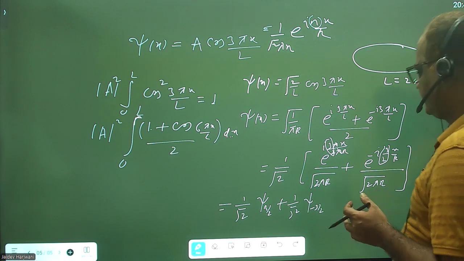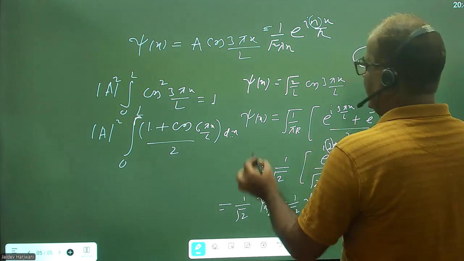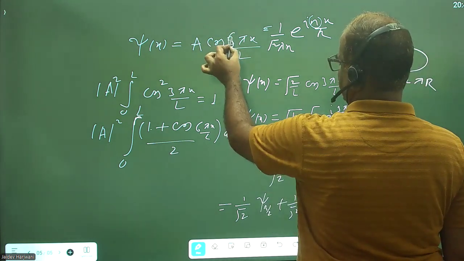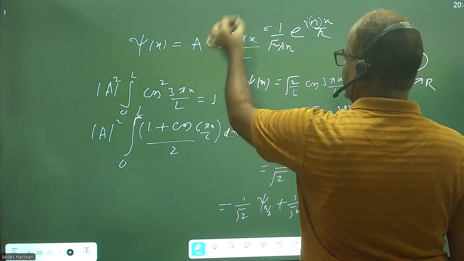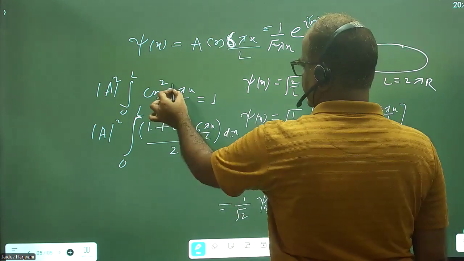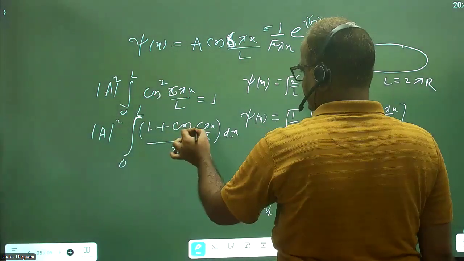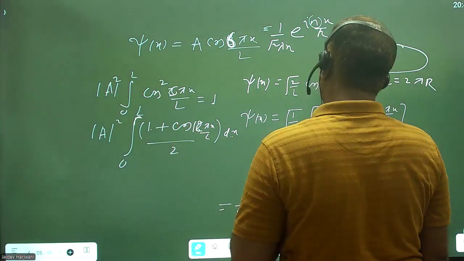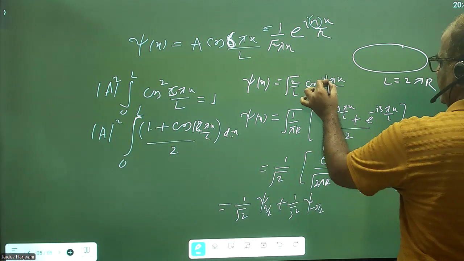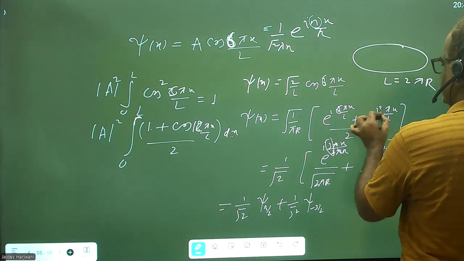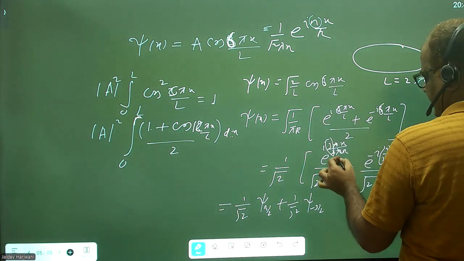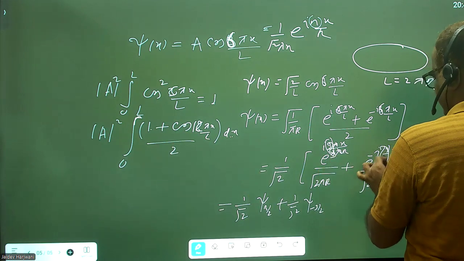Or instead, you should take some even number, say 6. If I write some even number 6 here, then this will become 12, and this becomes 6, this becomes 6, and this becomes 3, and this also becomes 3.